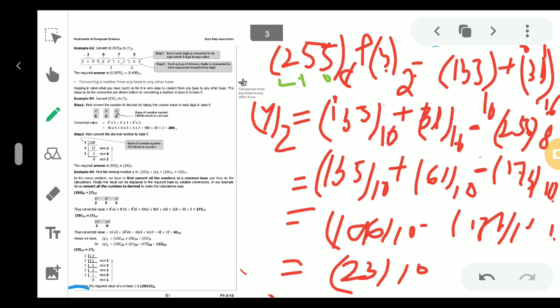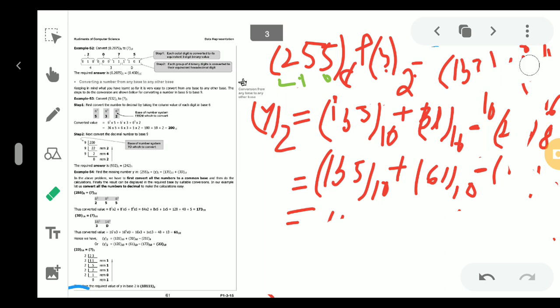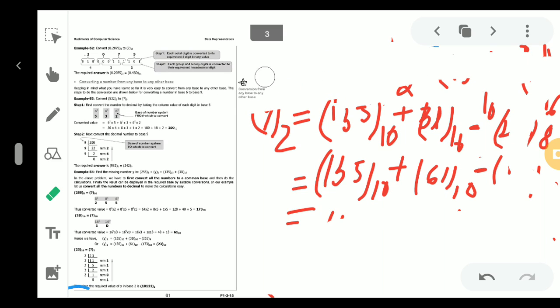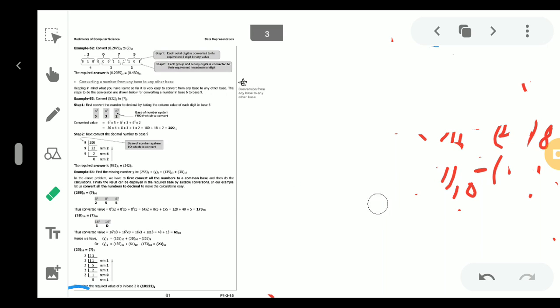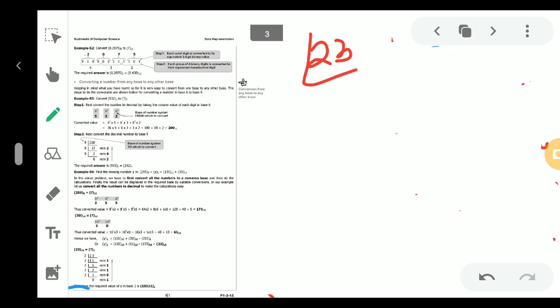Okay, so again I am rubbing this one. It's actually a lengthy procedure, nothing, it is an easy one, but it is a lengthy procedure. So 23 base 10 we have to convert into base 2, because y is in base 2.